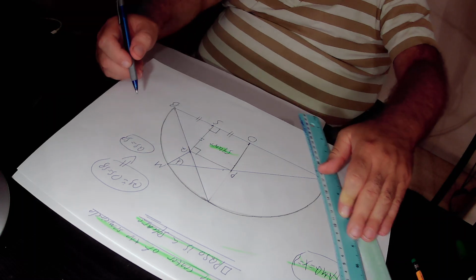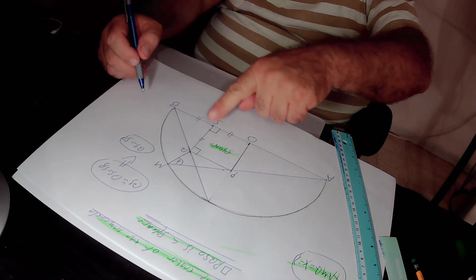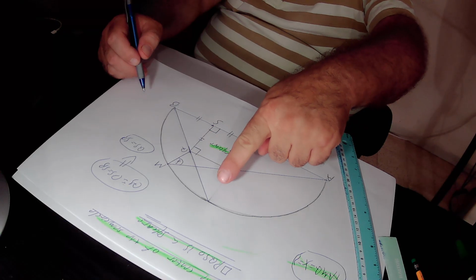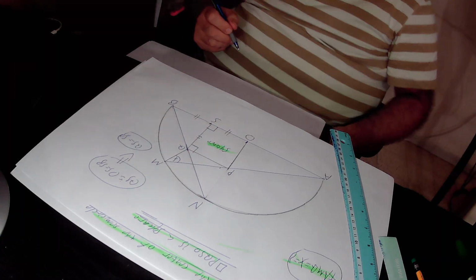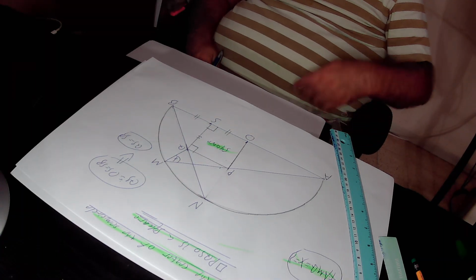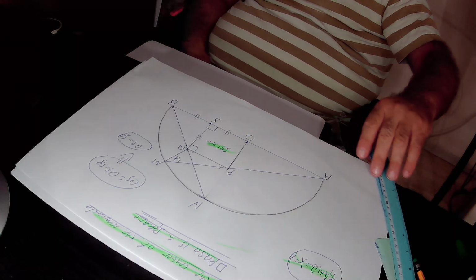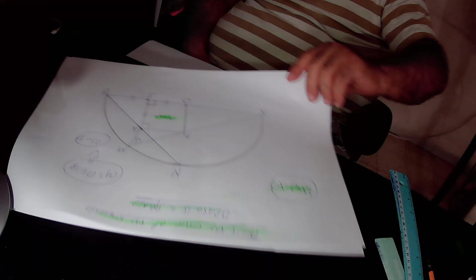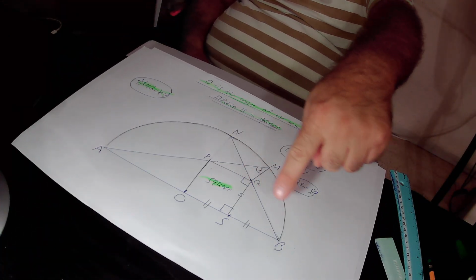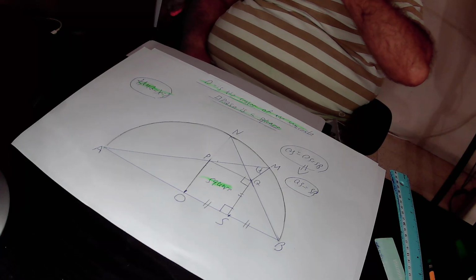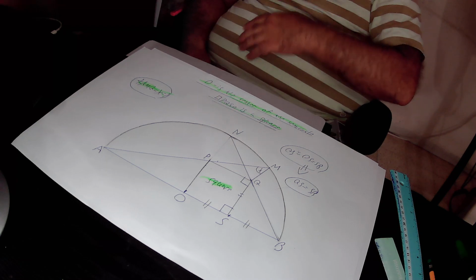We define the touching point of the extended line segment BQ with this circle. This point is point N. By doing this construction, we get triangle QBS. This is triangle QBS.